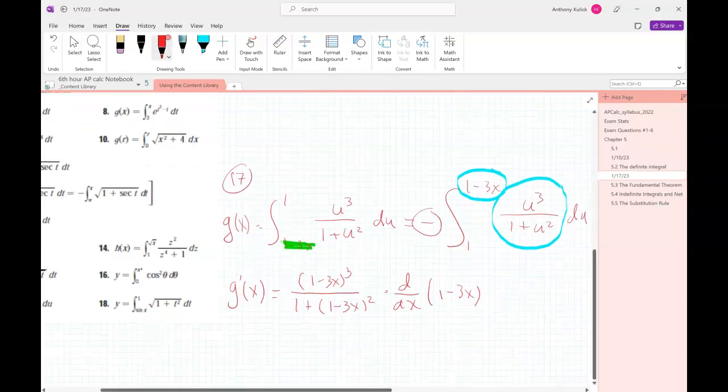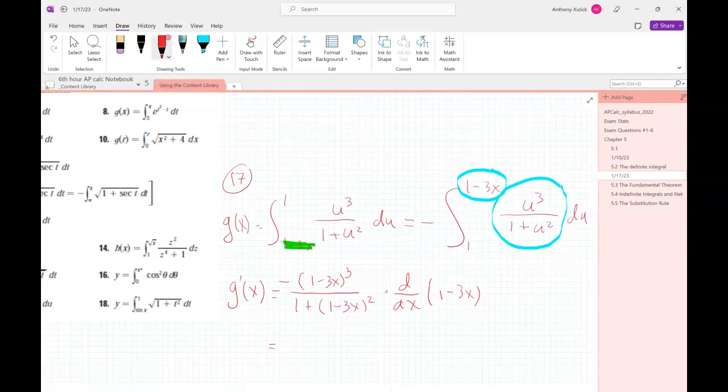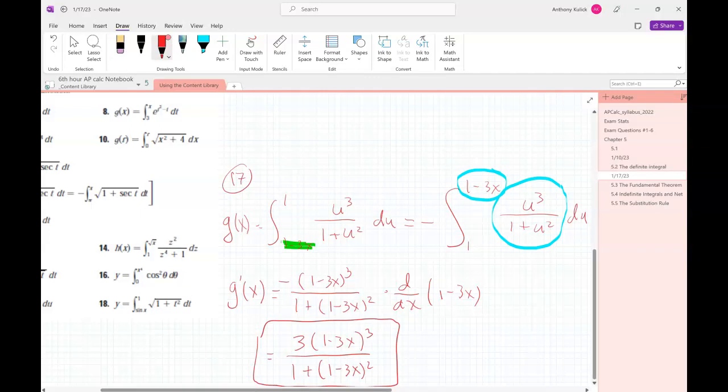Oops, and I forgot my negative sign. So if I simplify that down, I just get, what do I get? 3, and I wouldn't simplify past that. That looks good to me.